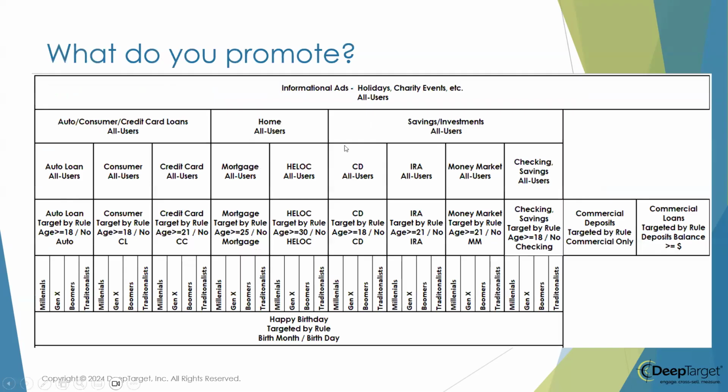So we have a suggested framework that allows you to start at the very high level of showing holidays and charity events, perhaps to every user. But then you're also going to want to perhaps have finely detailed targeting throughout your campaign strategy, that you go from all users, maybe auto loans for a period of time, to where you're going to do a specific set of targeting, or you may use predictive model, and we talk about, or you may even want to be very, very specific, which is generational or other specific items.